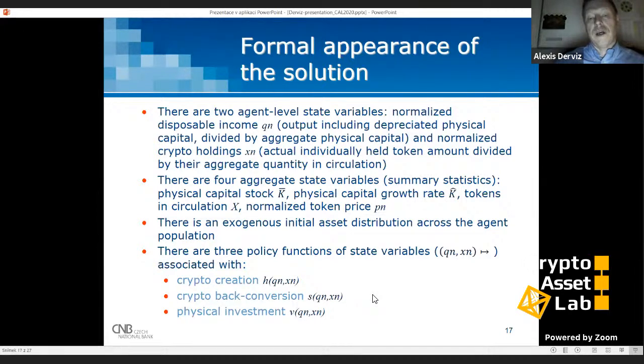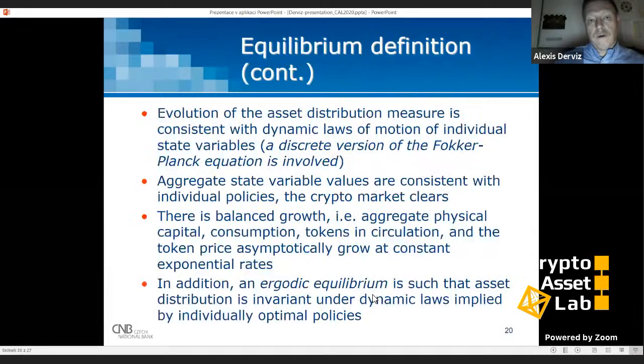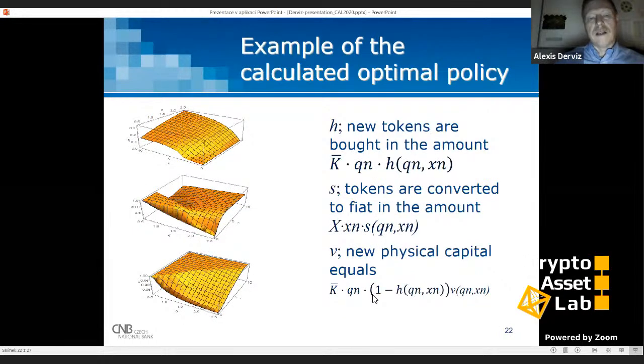Back conversion S, they convert existing tokens, and then there is physical investment. So more or less like this, if you do the numerics, you receive something of the kind, but there is no space to comment upon the exact. There are lots of stories that can be told based on the shape of those surfaces.